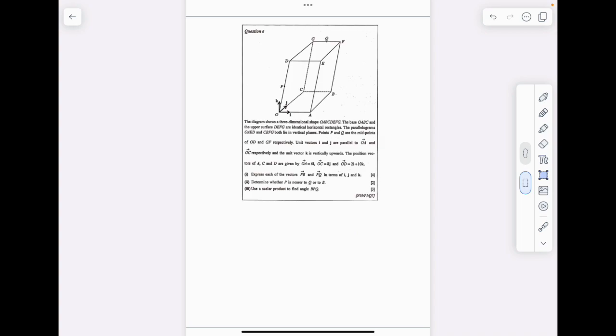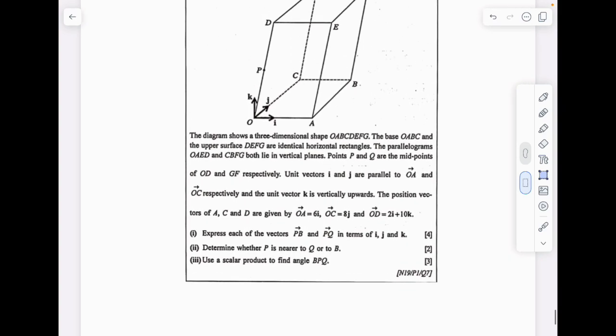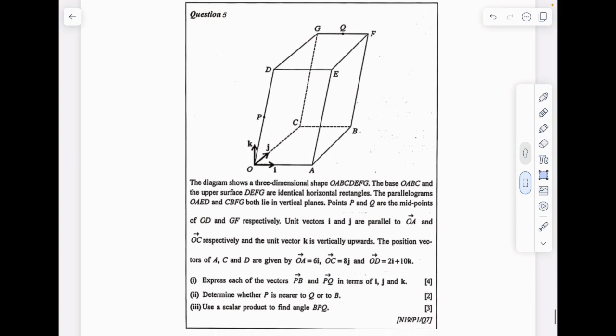Alright, guys, now question 5 is a bit of a chunkier question, alright? So what we've got here is a diagram that shows a three-dimensional shape. The base OABC and the upper surface DEFG are identical horizontal rectangles. Alright, that's useful information.